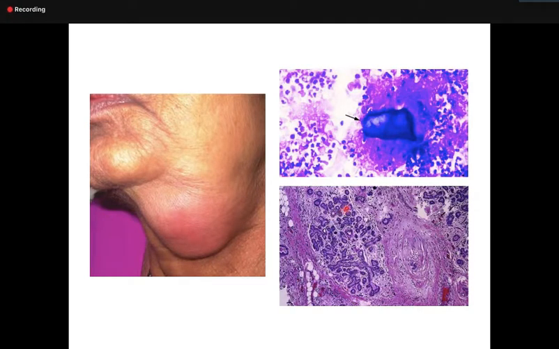And like all the chronic inflammations, the inflammatory area is replaced by fibrosis. This is all fibrosis, fibrous tissue. Even gland is destroyed, and intervening stroma is replaced by fibrous tissue.